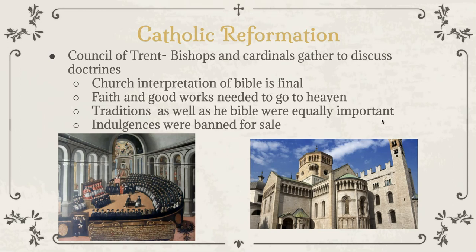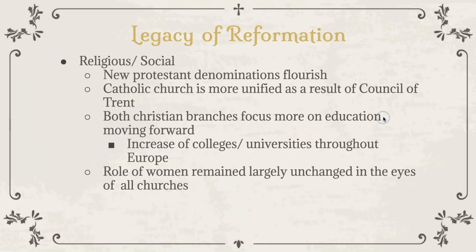They also don't subscribe to the predestination idea. You need to do good things as well as believe in God to get into heaven. The church also deems that tradition, rituals, and anything taught by the church, as well as the Bible, hold equal importance, and they decide that the sale of indulgences is finally a banned procedure.